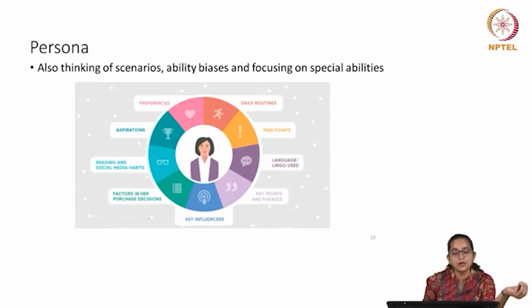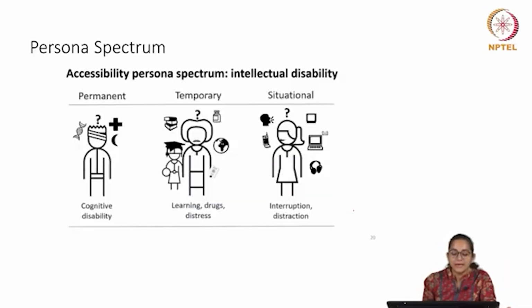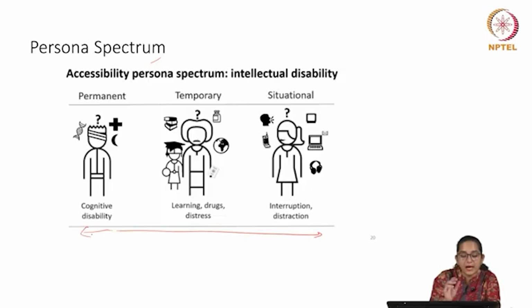We can also think of scenarios and ability biases, focusing on special abilities when we are building a persona. And as discussed earlier, the persona can occur in a spectrum. We can have three different personas in order to understand the permanent, the temporary and the situational aspects of hindrances.